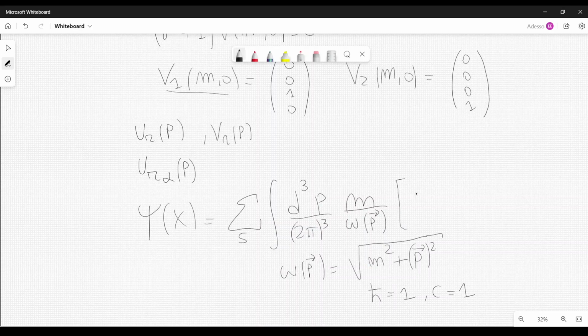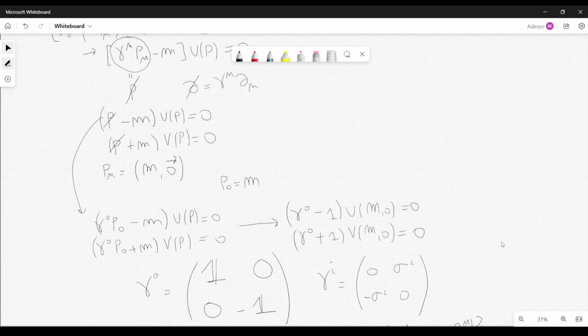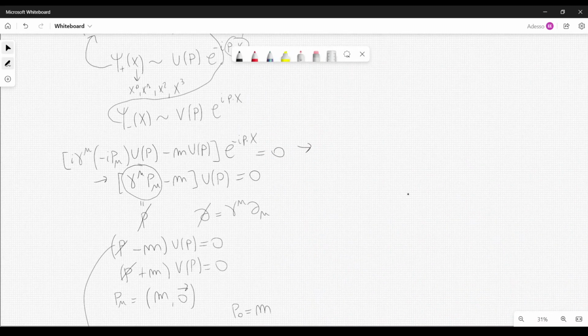And then here we have some operator c sub s of p, which multiplies the solution u sub s of p, the vector u sub s that we defined previously. The vector u sub s should satisfy this equation here, p slash minus m applied to u of p equal to 0.